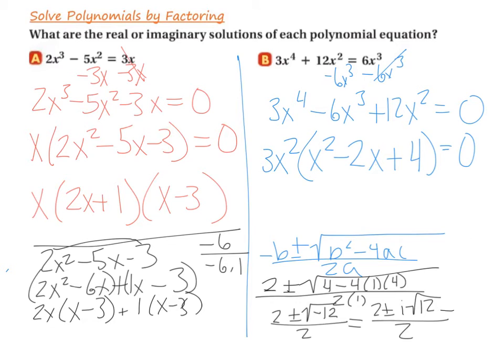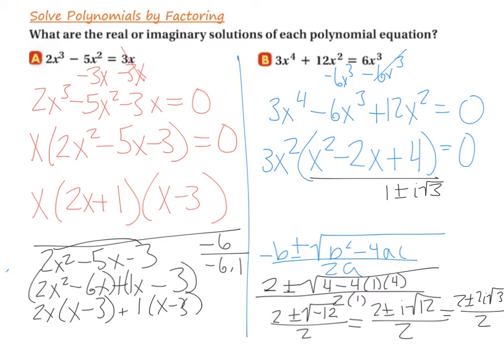That is going to simplify to 2 plus or minus 2i square root of 3 over 2, which is actually going to simplify even further. Since there is a 2 in the denominator and a 2 in each term of my numerator, I can eliminate that 2. So my two answers for my quadratic are 1 plus or minus i square root of 3.